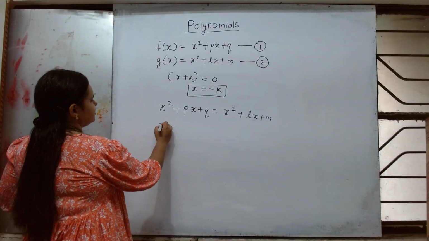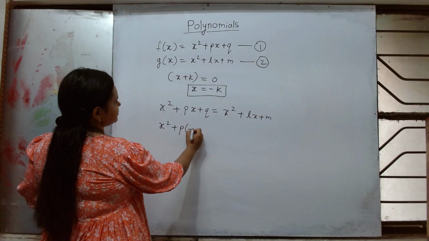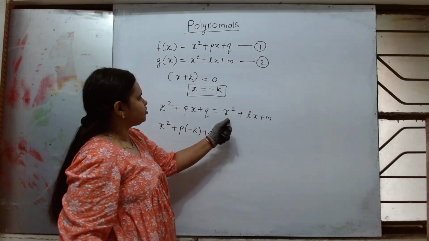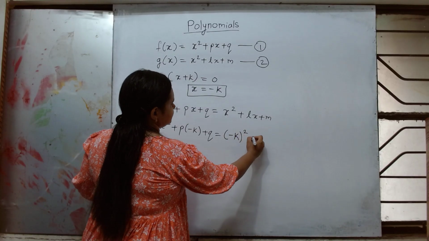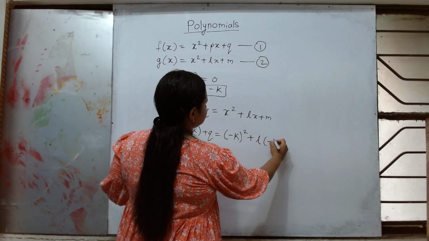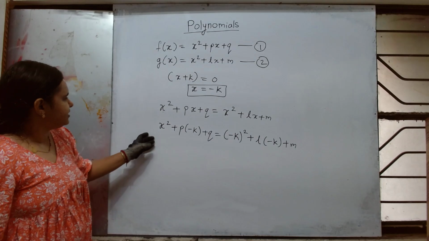x square plus p into x, which is minus k, plus q, is equal to x square, that is minus k square, plus L into x, which is minus k, plus m. Now further solve it.